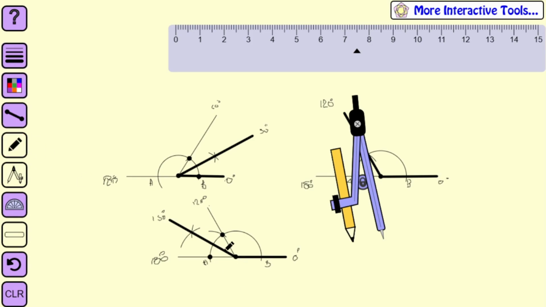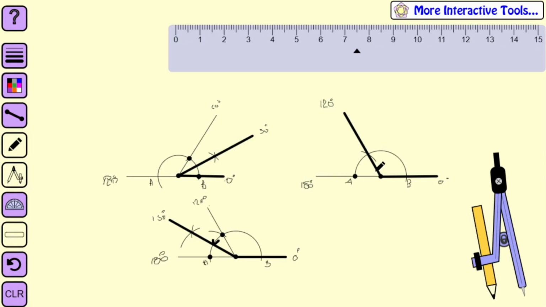All right, because your angle is going in this direction from 0 to 150. And it's the same thing for this one. Your angle is going from 0 to 120. And it's going from 0 to 30. All right. So it's going from the right side to the left side. So you don't darken 180 because that's not the angle.